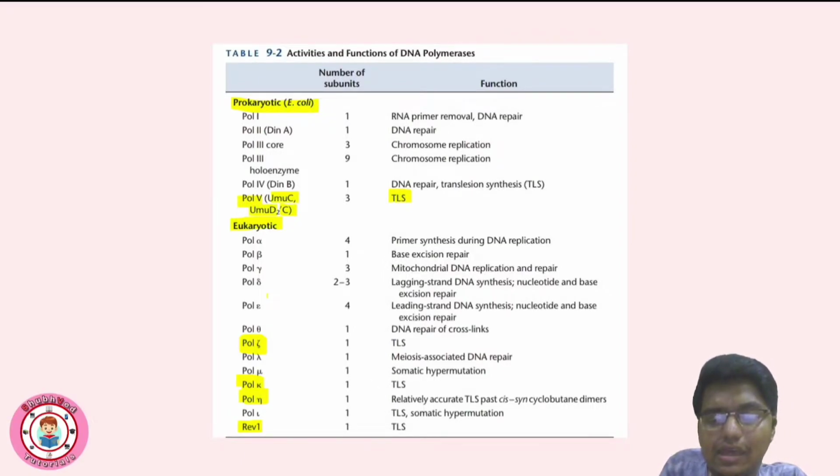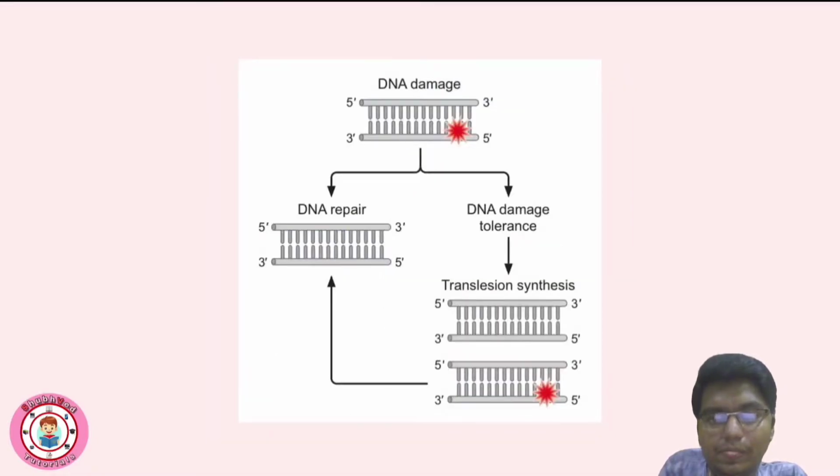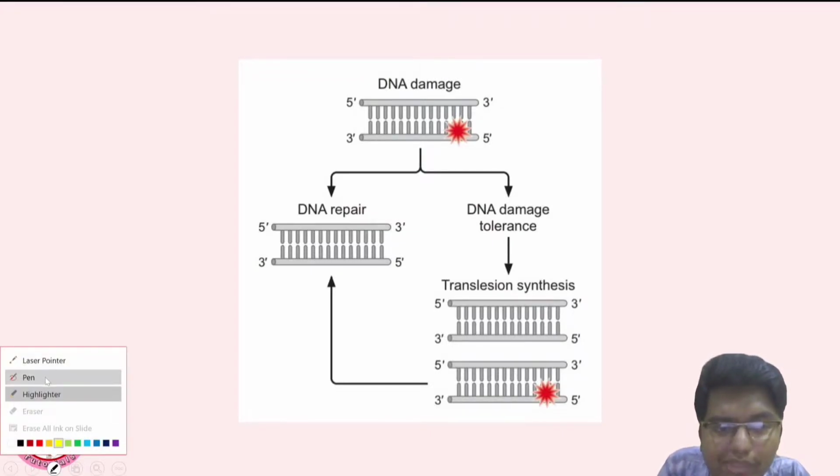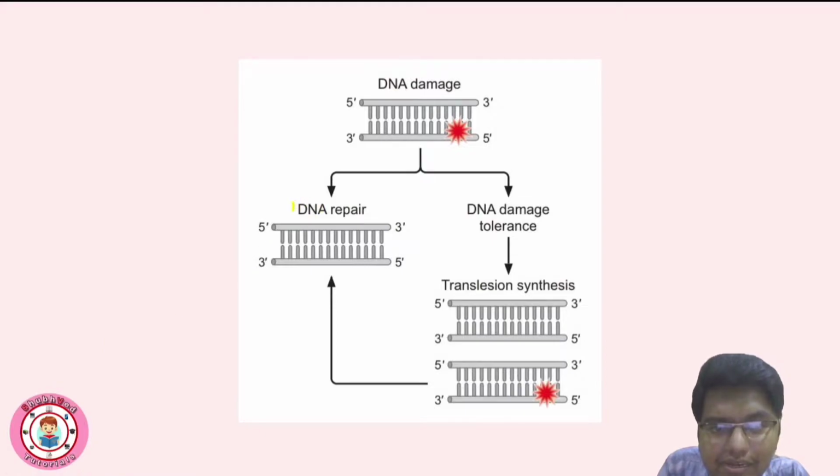So let's see how the pathway proceeds now. This is just an example. DNA damage. There are basically two pathways. First is DNA repair, and the next is DNA damage tolerance. In the tolerance pathway, translesion synthesis comes. Basically, this is not a repair pathway.